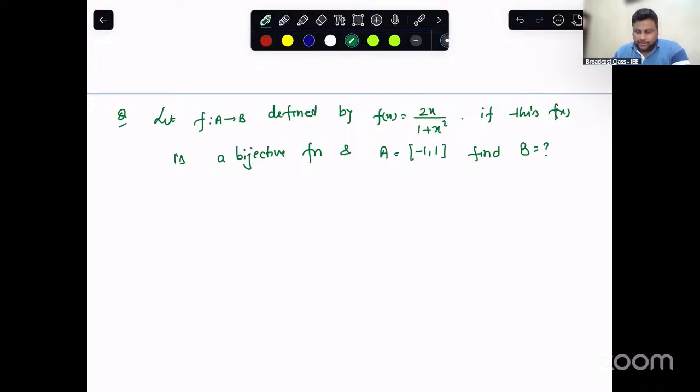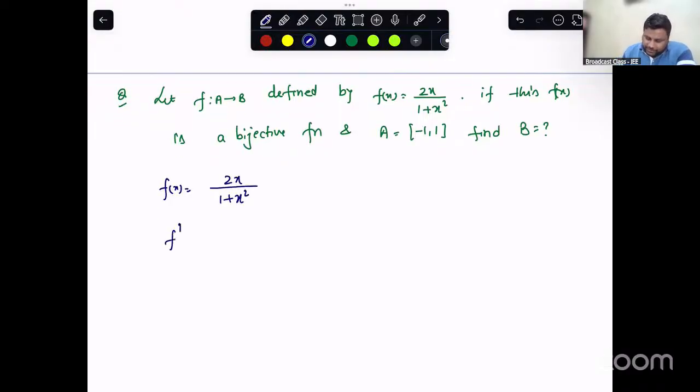Just tell me quickly. Now see, the function we have is f(x) equals 2x upon 1 plus x square. I am asking you, are you guys comfortable with the kind of derivative I am using? Hello? Okay, Lakshmi said yes.